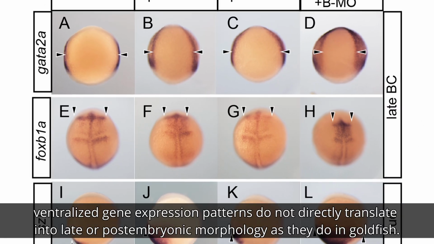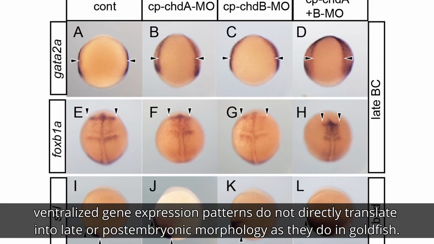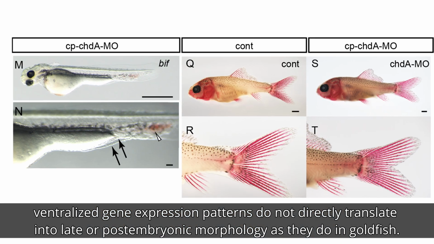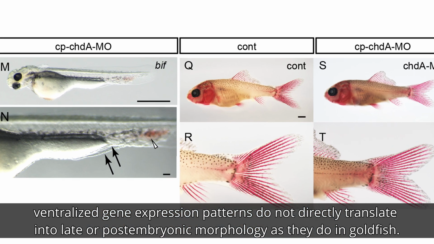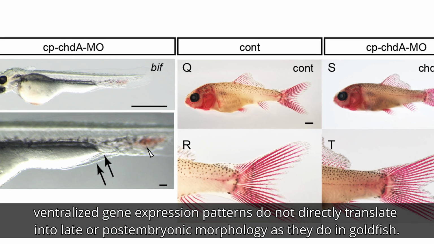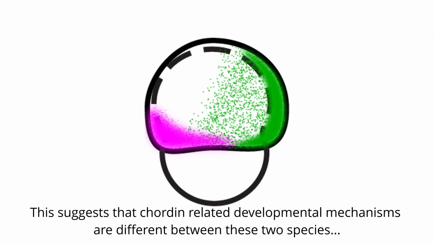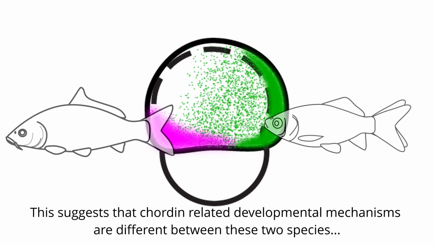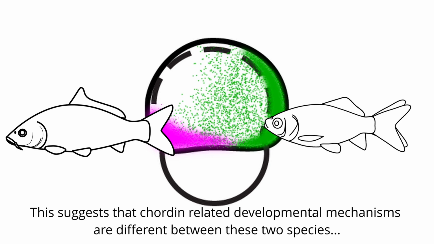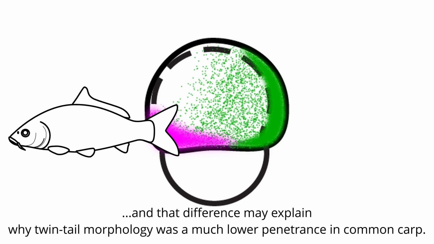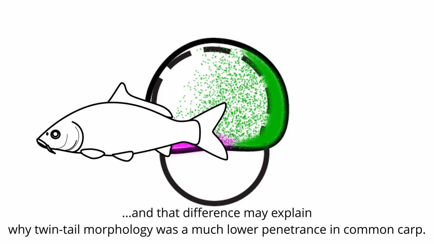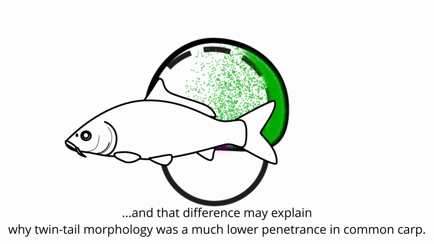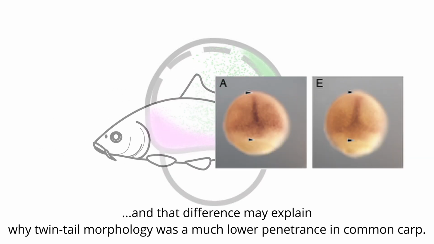In common carp, ventralized gene expression patterns do not directly translate into late or post-embryonic morphology as they do in goldfish. This suggests that coding-related developmental mechanisms are different between these two species, and that difference may explain why twin-tail morphology has a much lower penetrance in common carp.